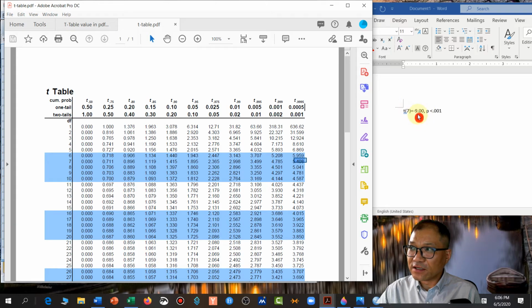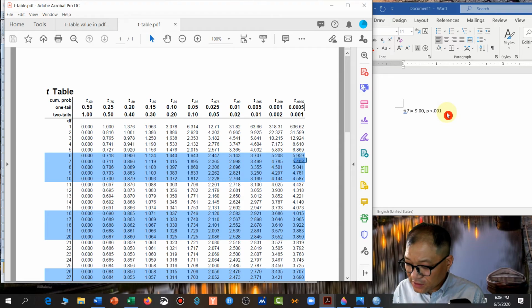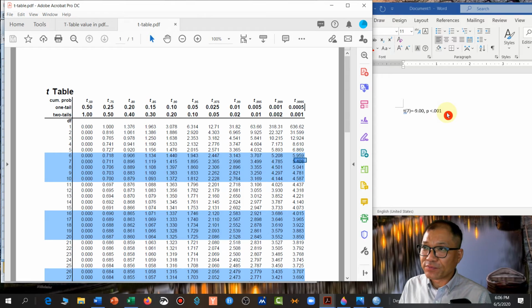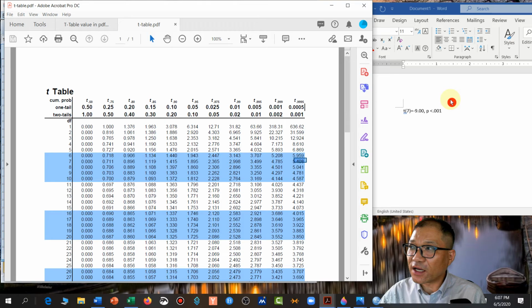So we have degrees of freedom 7 right here. And when you have df 7 at 0.05 level, that means you are 95% confident to report there is a mean difference. Recommended value is 2.365. Our value is 9.